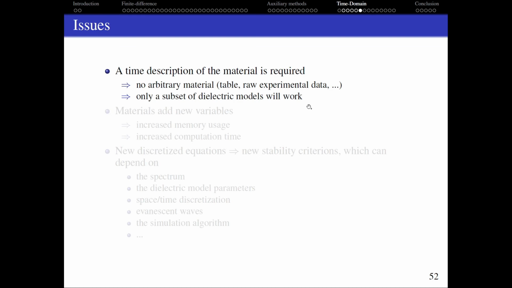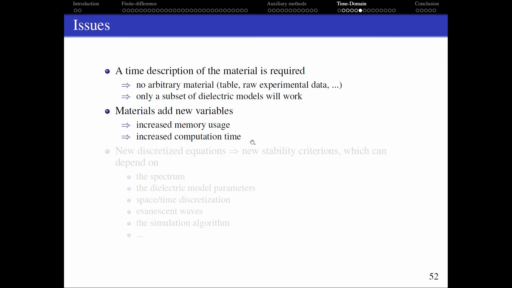Okay, now there are some problems. As I said, we can only use some very specific stuff in our models, so no arbitrary material that is very exotic or that you can't fit with a dielectric model that works. Another issue is that since we have materials now with their own equations, they are going to require some memory in themselves.